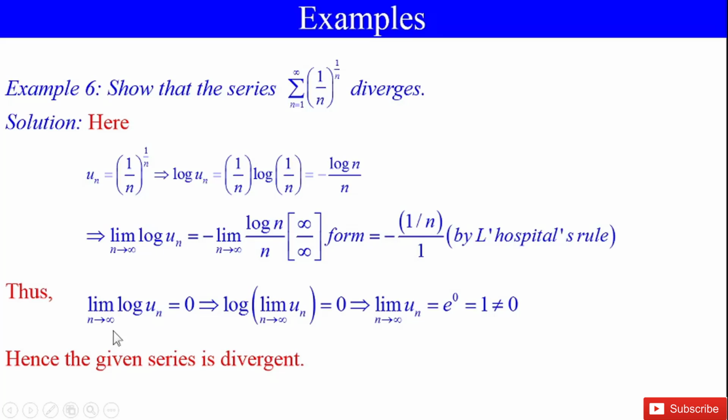Thus, limit n tends to infinity log un is equal to 0, which implies that limit un is equal to e raised to the power 0, which is equal to 1, which is not equal to 0. Therefore, the necessary condition for convergence of a series is not satisfied, and hence the given series is divergent.